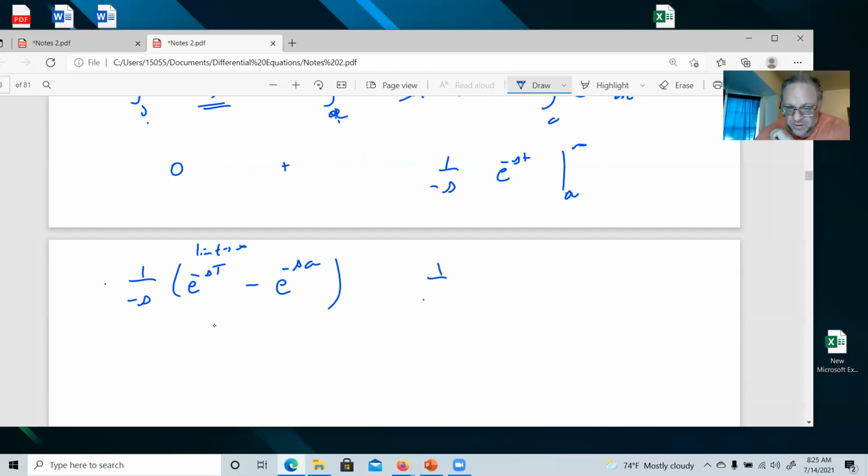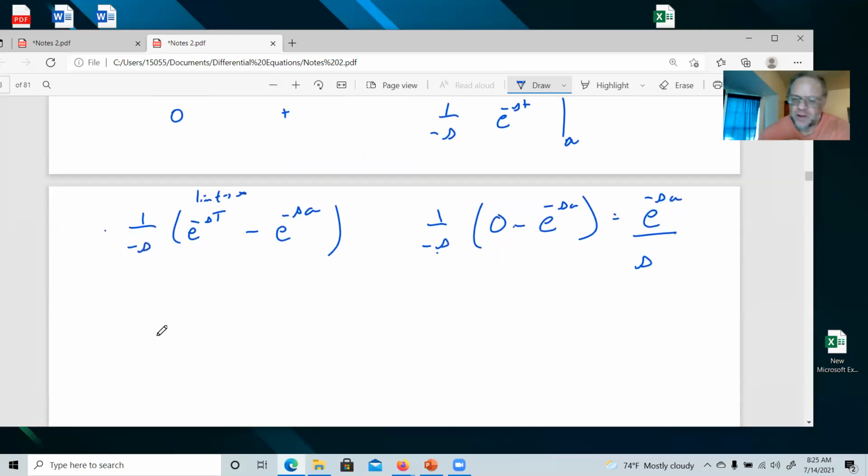So this is 1 over negative s times 0, because this T goes off to infinity and this term turns into a 0, minus e to the negative sa. And then all we have here is e to the negative sa over s. There's a negative and a negative that cancel.